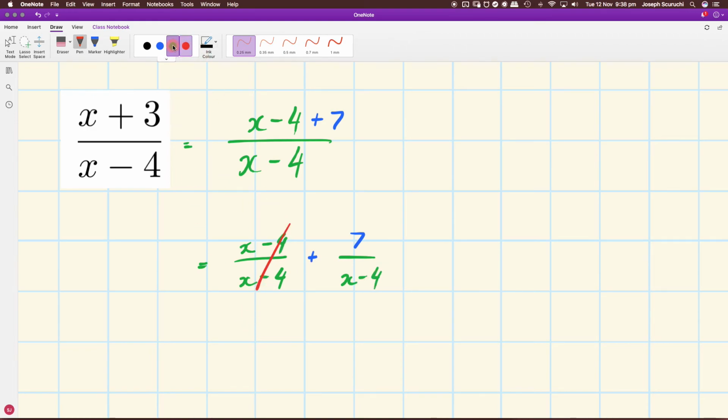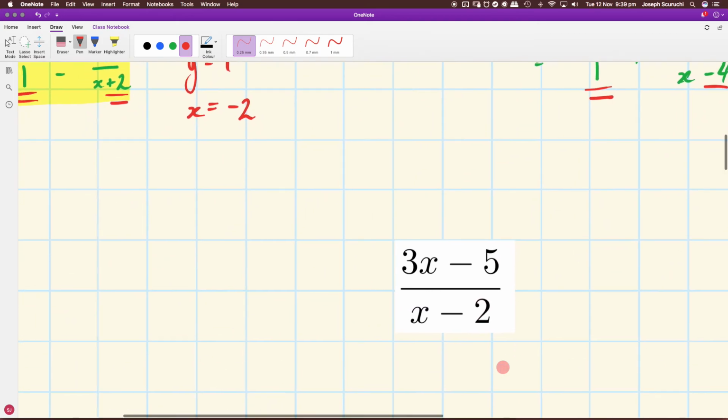These will cancel out and give me 1, and this will stay the same. I then can identify what my asymptotes will be. This will be my y asymptote, and this will be my x asymptote. So I'm going to get y equals negative 1 and x equals 4.